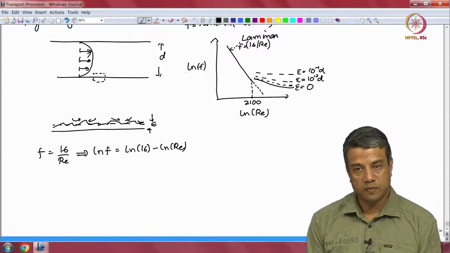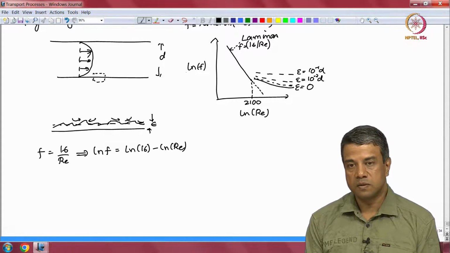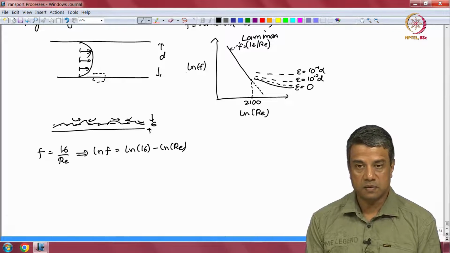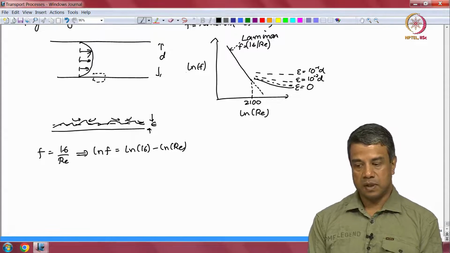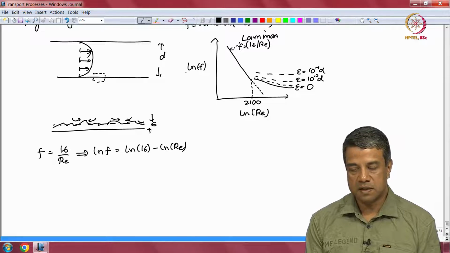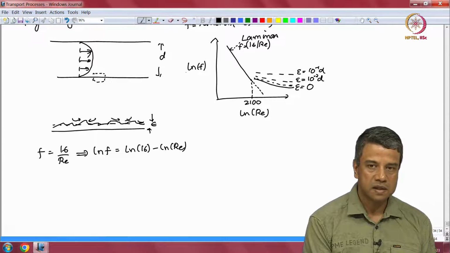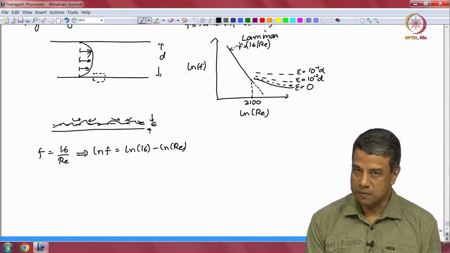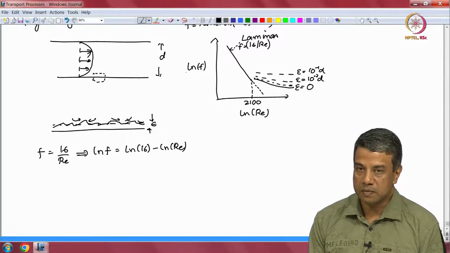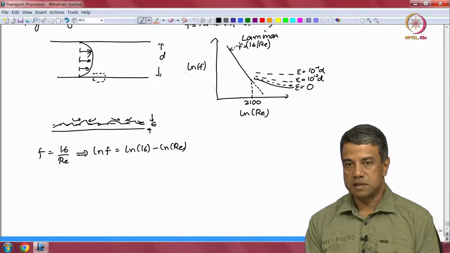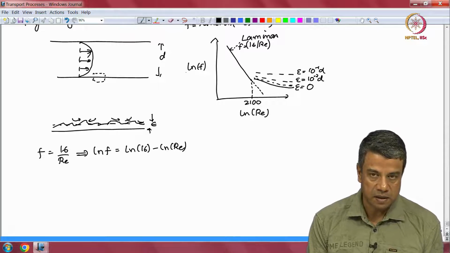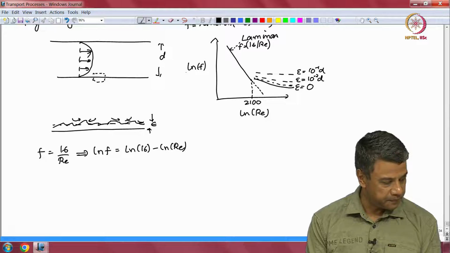Slope of minus 1 before transition, slope which is greater than minus 1, less negative, after transition, and because of that the friction factor after transition is always higher than the friction factor in the laminar flow. That is because we have transport of momentum by turbulent eddies, which is a more efficient mechanism in comparison to the transport by diffusion in a laminar flow.